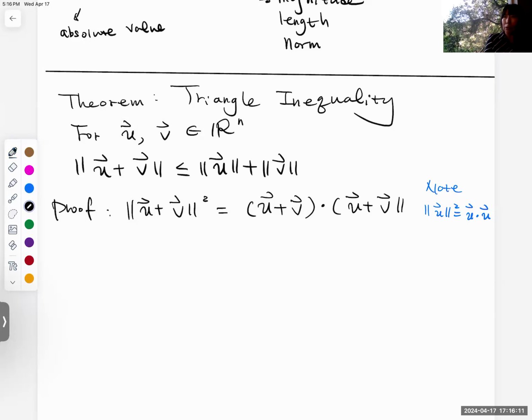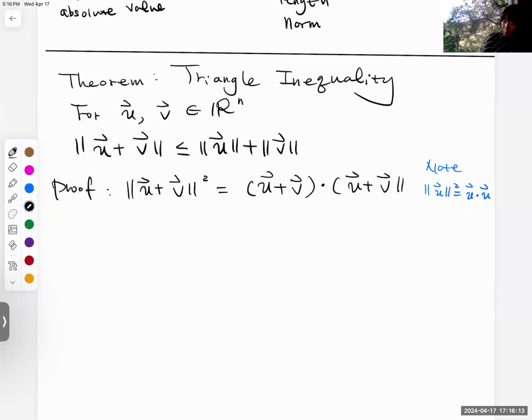Now this one we can use this way: u dot u, plus v dot with v.